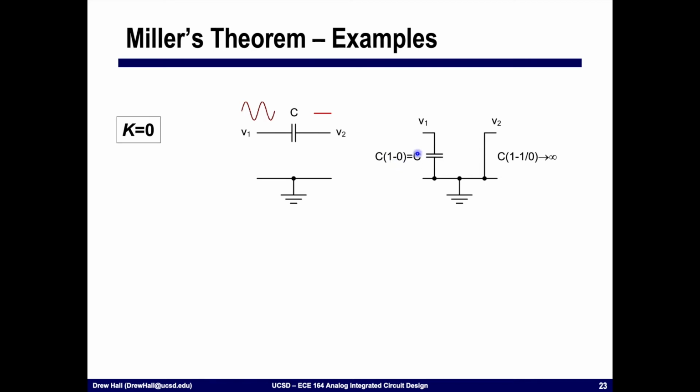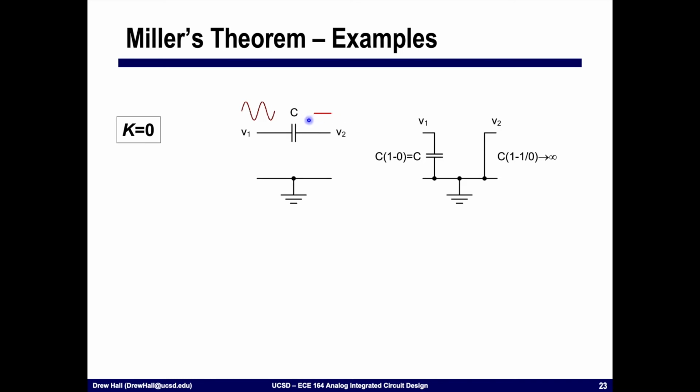Looking back at the other side, remember that I wiggle this and I'm trying to see what capacitance I feel. When I talk about feeling a capacitance, you could essentially think of this whole thing as being in a black box, and the only way that you would feel what the impedance was is if you apply a voltage and measure the current.